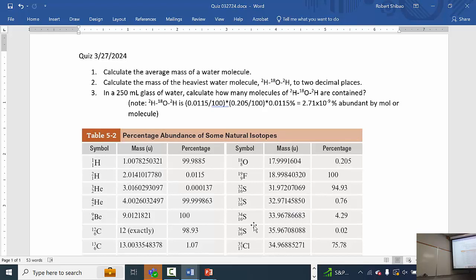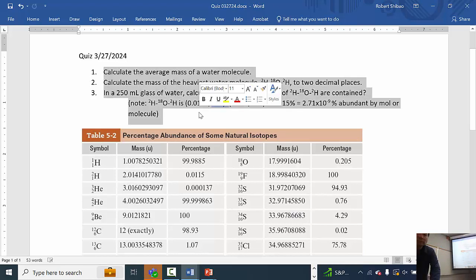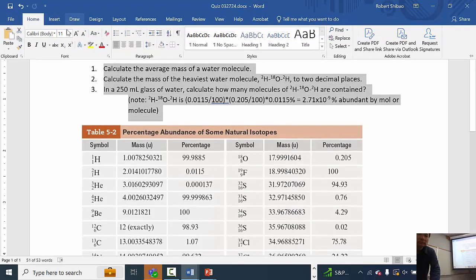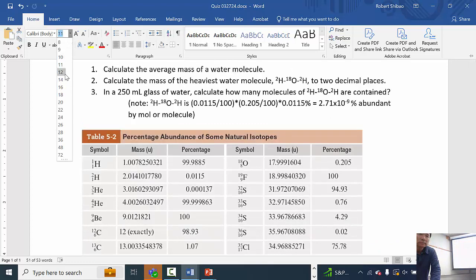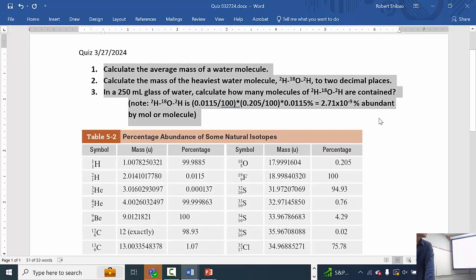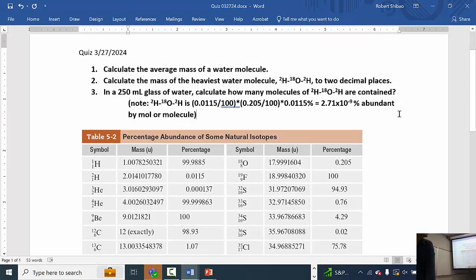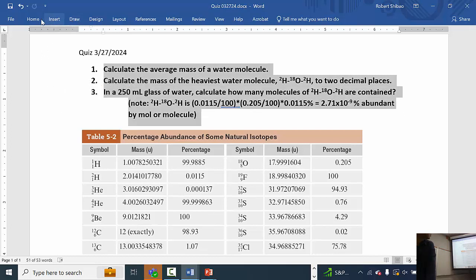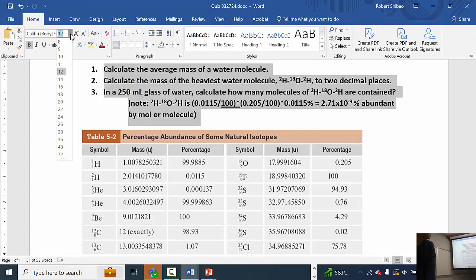It might be hard to read. Can you see that all right? I might make that big.